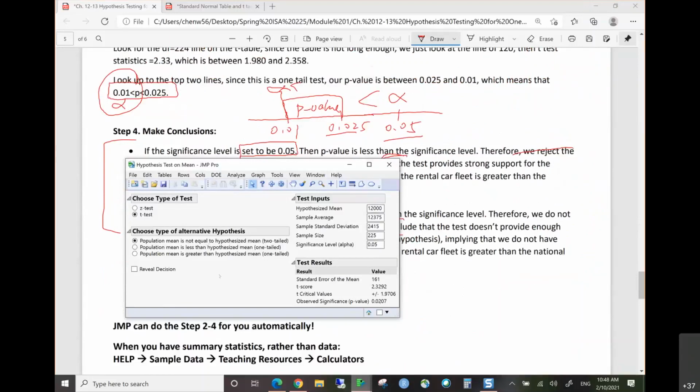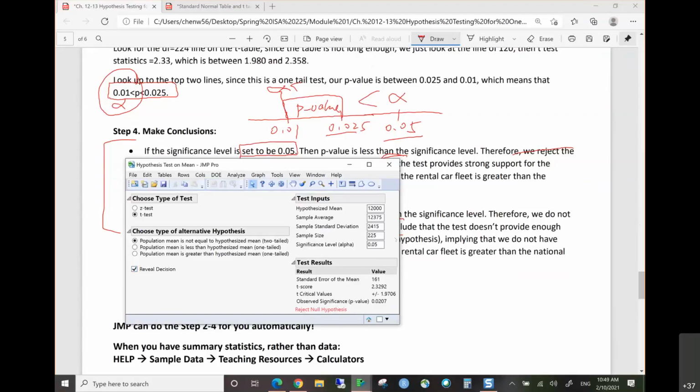That means if your significance level alpha is 0.05, of course your p-value is less than this alpha, so you reject the null hypothesis, and we have enough evidence to support our claim. If you don't remember this rejection rule, JMP is very sweet. There is an option to check to review your decision. If you check here, it will tell you to reject the null hypothesis.